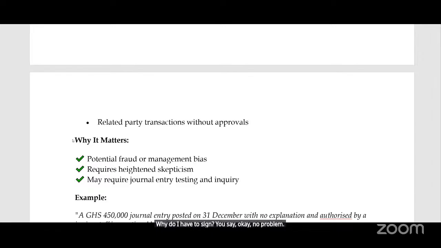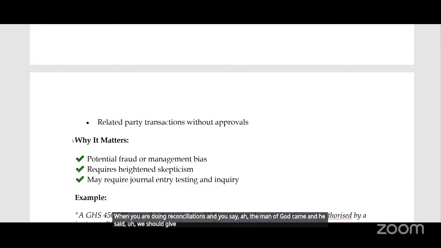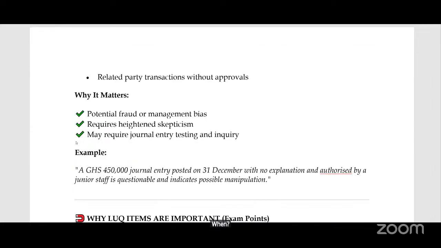This man will go about, and when you are doing reconciliations you tell them, the man of God came and said we should give him 20,000. He didn't sign, but we wrote a note. You say, me? When? I'll curse your whole family. You serious? Hey, accountant, bro, chairman. Easy.